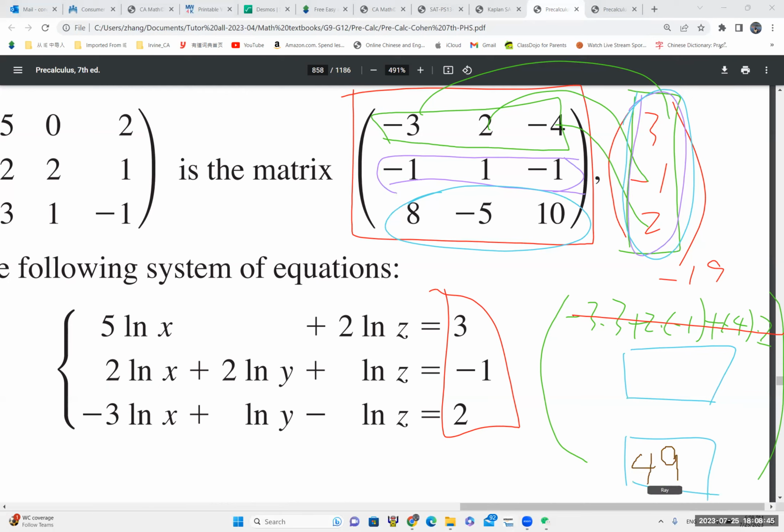So Ray already got it. Let me check. So 24 plus 5, 29 plus 20. So this is correct. Neil, how about you?